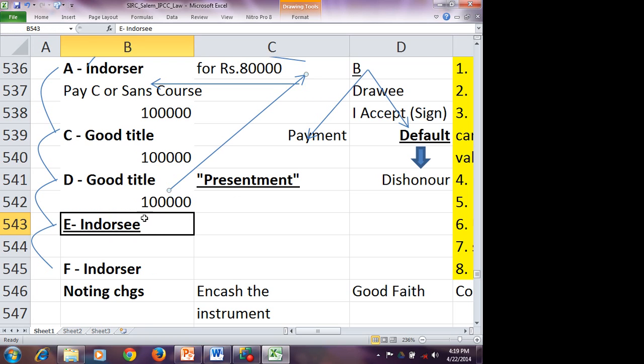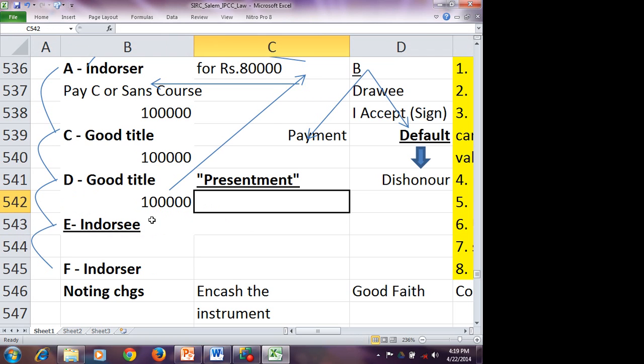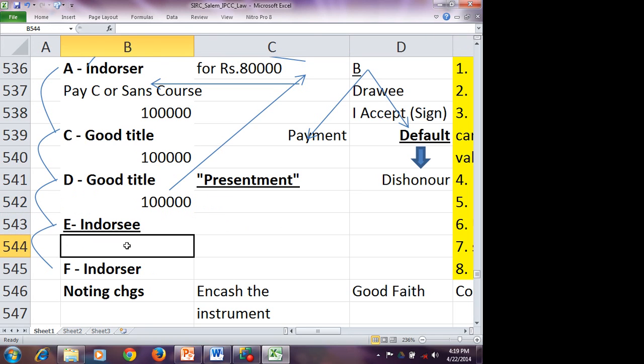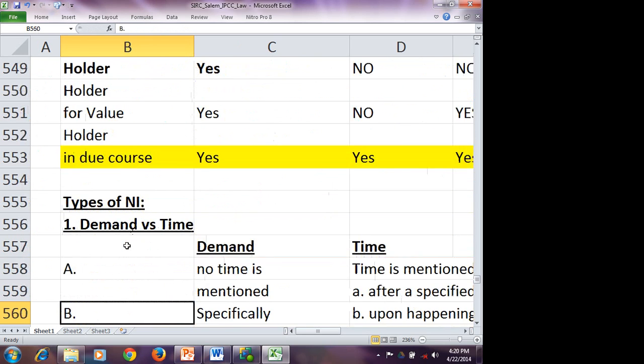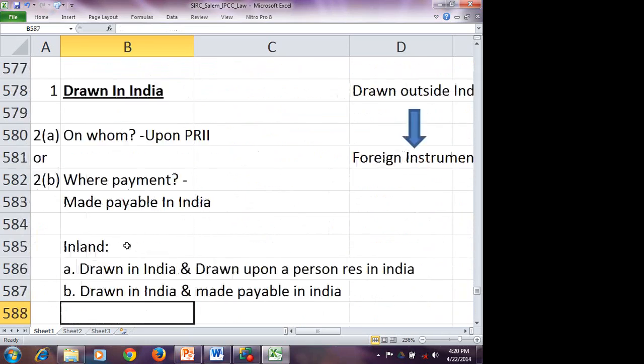The value of the bill as on this date is a balance of 50,000. For this 50,000, which represents the unpaid sum, D transfers the instrument to E, E transfers the instrument to F. This is partial, but this is valid, because it is transferred only for an unpaid sum. Originally, when it is transferred, it is not valid, because an instrument cannot be partially endorsed.